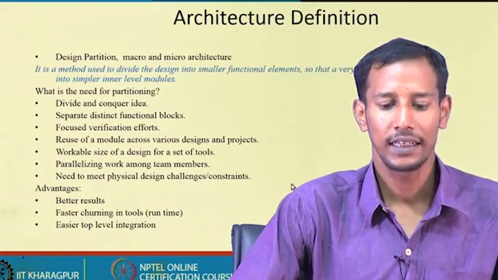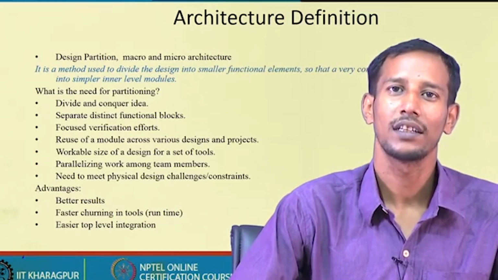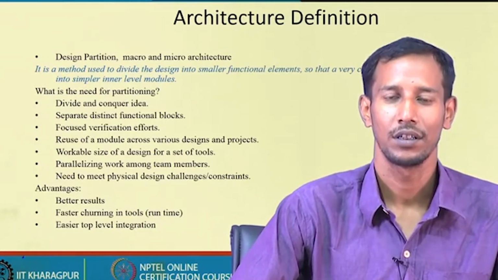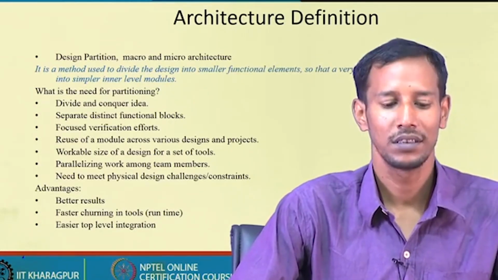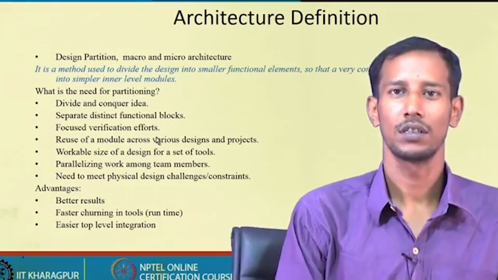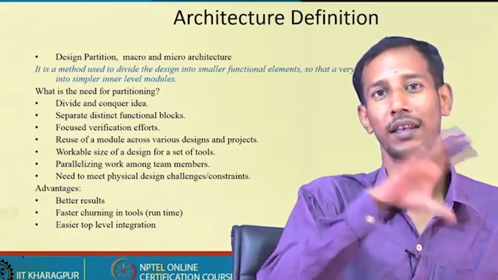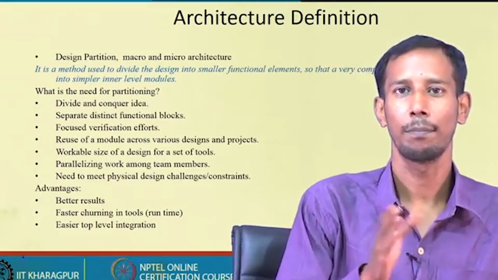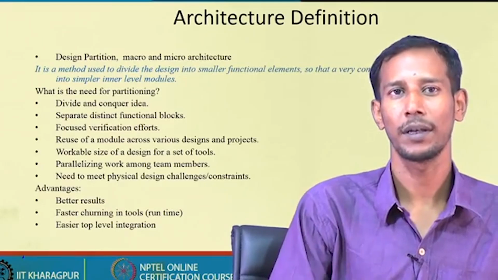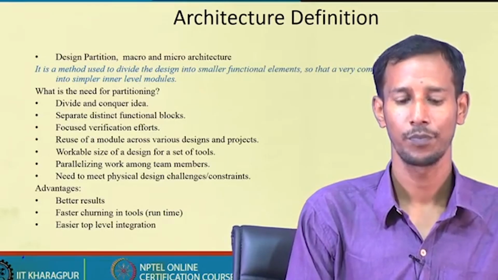This course is all about the architectural design of ICs. The first thing is architecture definition. So what does it mean? You have to build one system, and a larger design has to be partitioned into architectures, one macro architecture and another micro architecture.